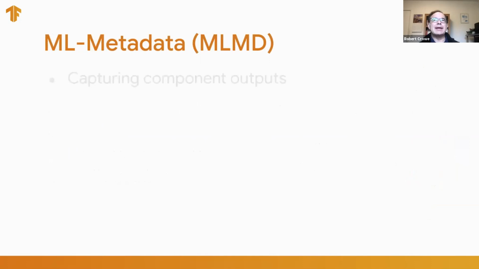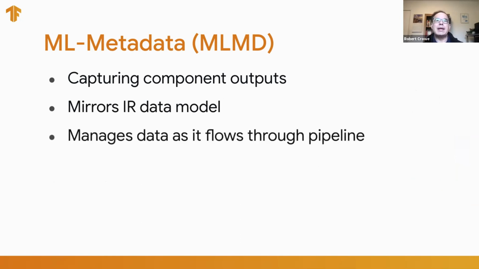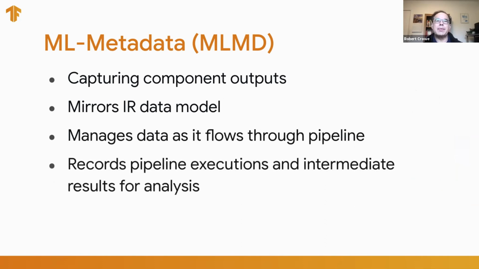So ML metadata is capturing the component outputs. It's supplying the component inputs as well. It mirrors the IR data model, so those things are basically the same. It manages data as it flows through the pipeline, and it records pipeline executions and intermediate results, which can be really important for analysis, including things like regulatory requirements and legal reasons.